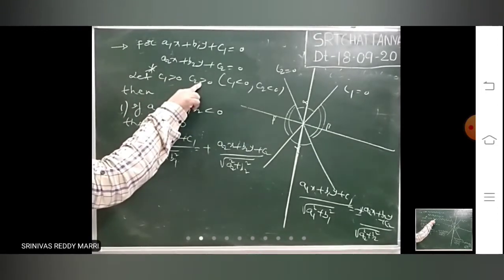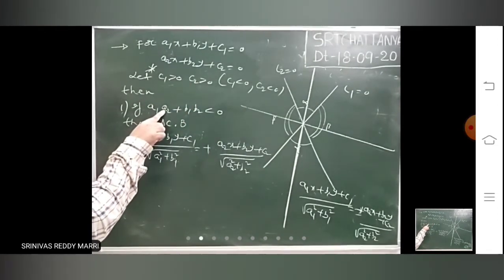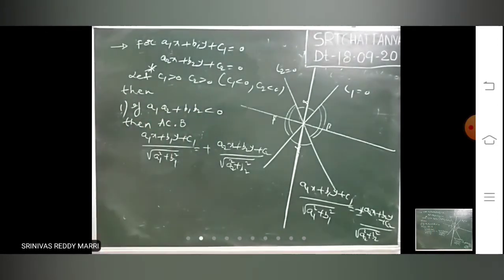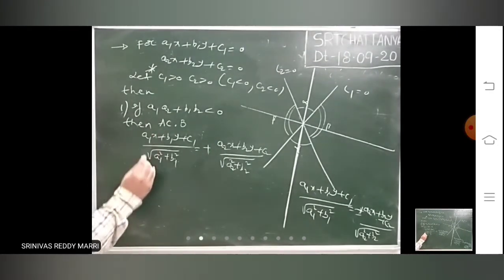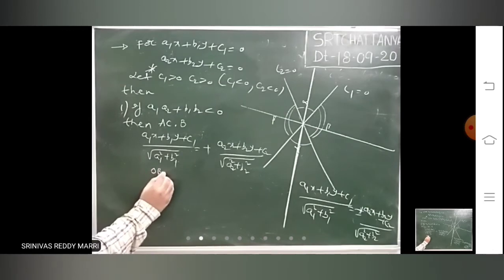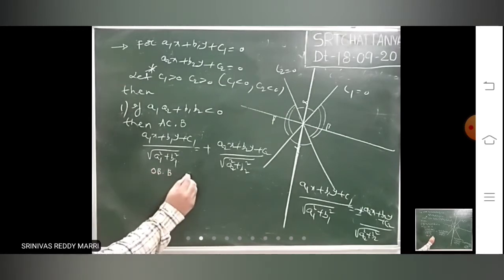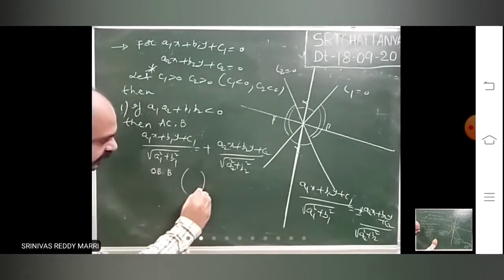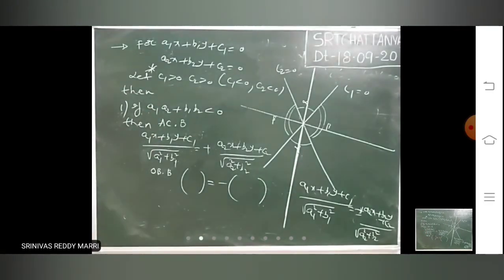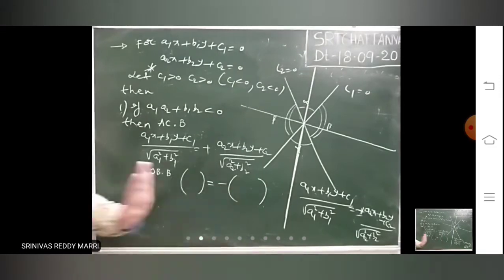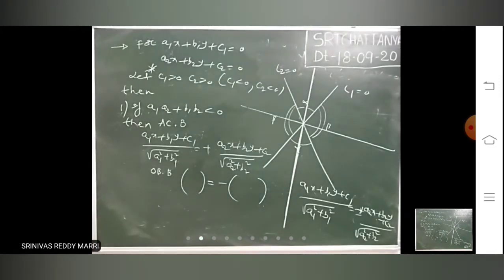Make the constants positive first, find the condition, and if this condition is satisfied, plus 1 is acute angle bisector. OBB means obtuse angle bisector. The same one with minus 1 is obtuse angle bisector.